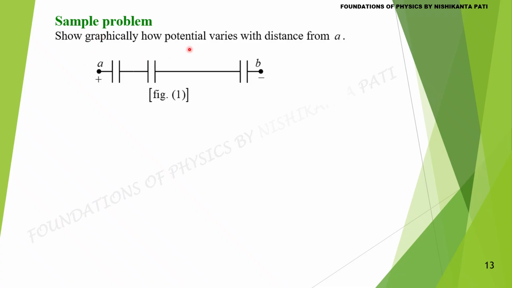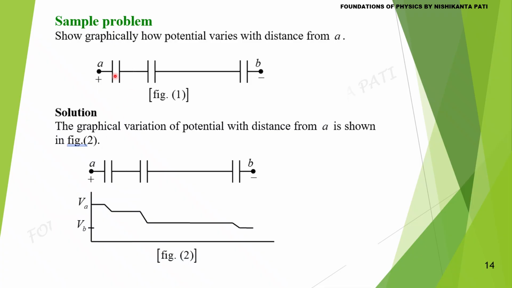So graphically, how potential varies with distance from A. Here the potential VA, here also VA, here also VA, here also VA. Then potential falls.